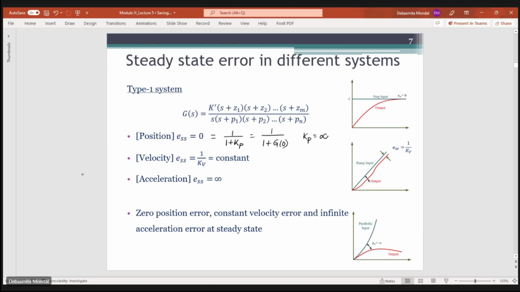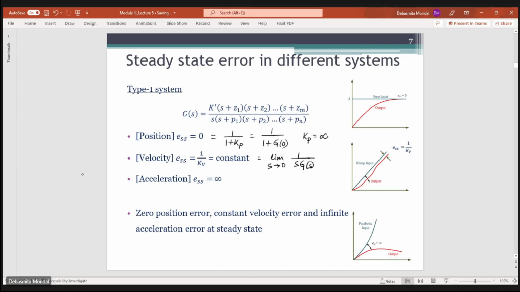Similarly, if you see the velocity error constant, if the velocity error constant is given by Kv, then the steady state error ess will be equal to 1 by Kv, which is limit s tends to 0, 1 by s into G(s).